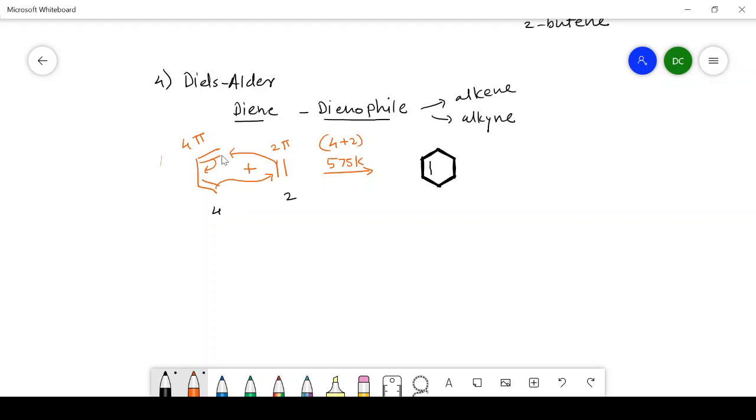In this reaction, all the pi bonds are broken, with the formation of a new pi bond and two sigma bonds. So the bond making and bond breaking process occurs simultaneously. In this way, a Diels-Alder reaction occurs in case of 1,3-butadiene, and we get a cyclohexene.